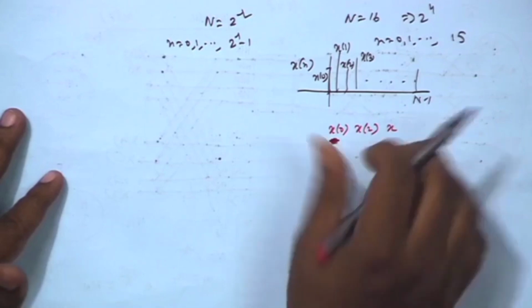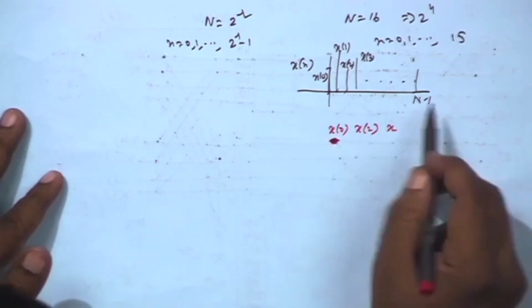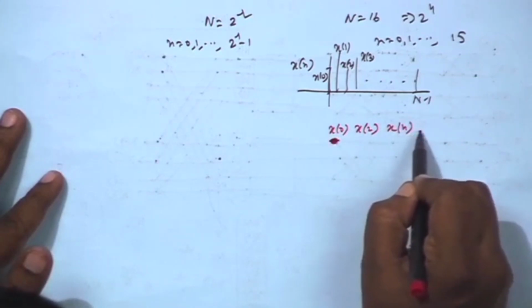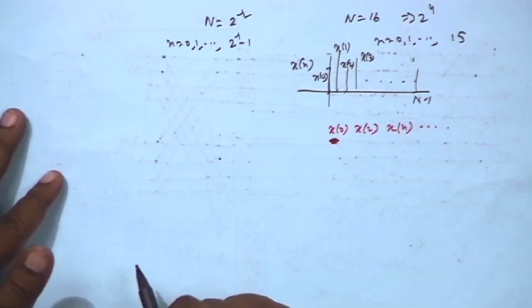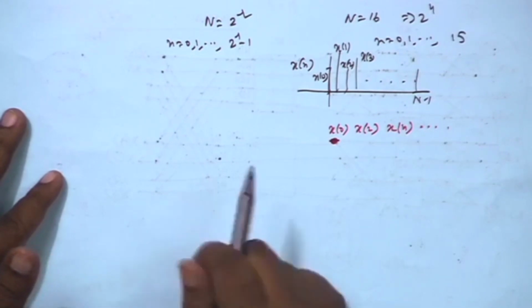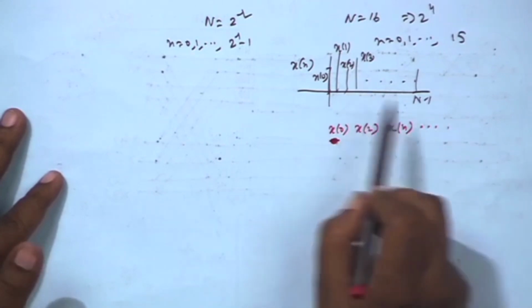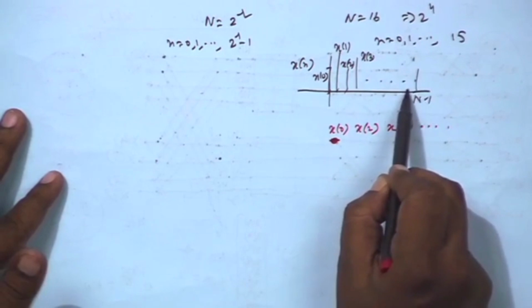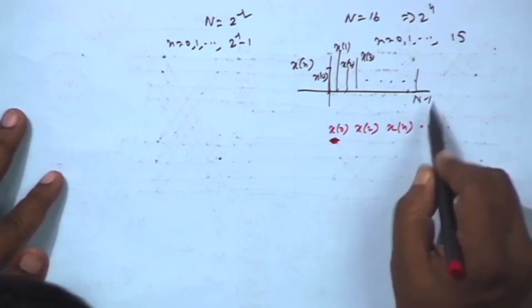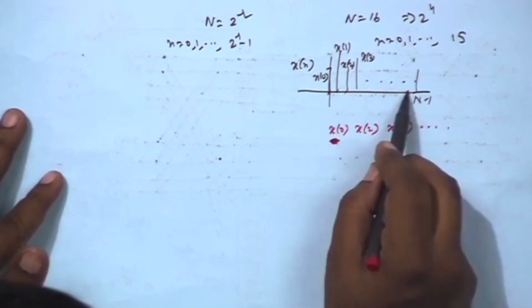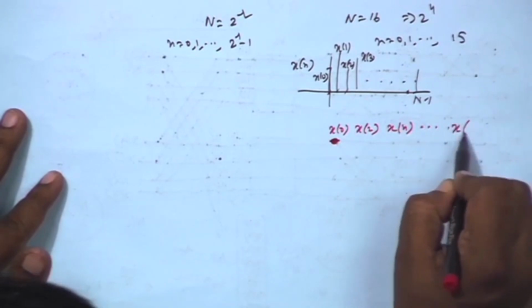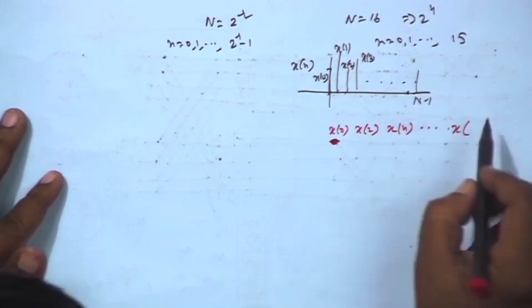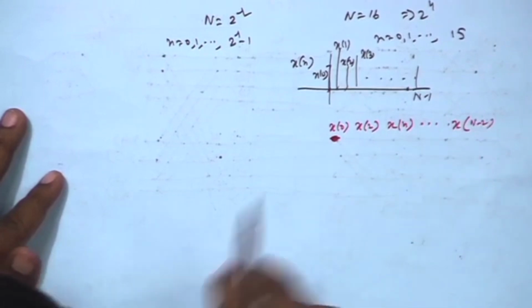Anyway, it is not required because it is a FIR sequence, I am starting from x 0 only. So x 0, x 2, x 4. And it will go up to, because n is even, so n minus 1 is odd, so n minus 2, the largest even number. So it will go up to x of n minus 2 in general.